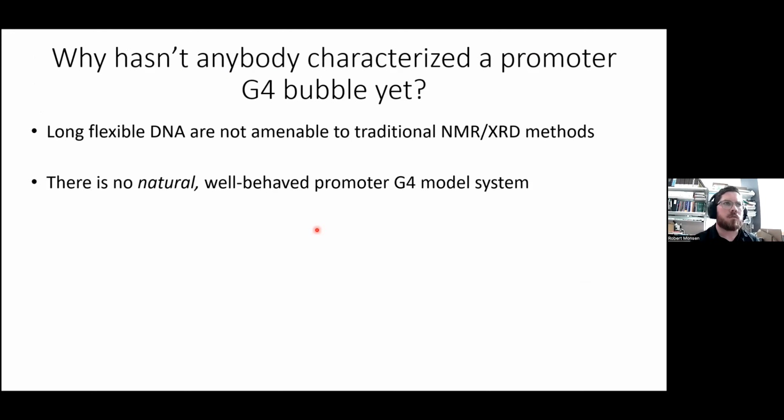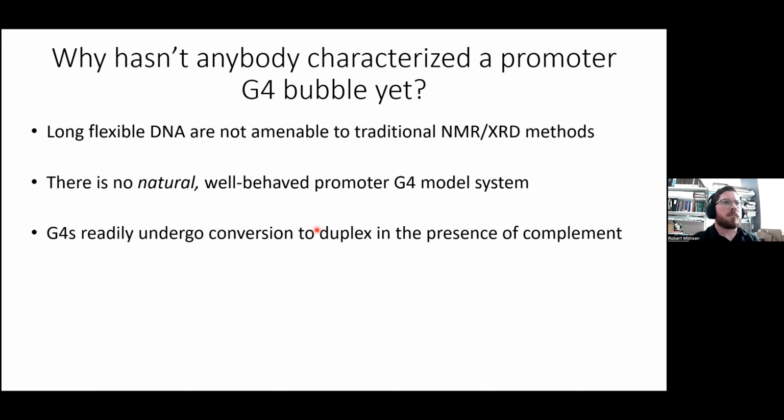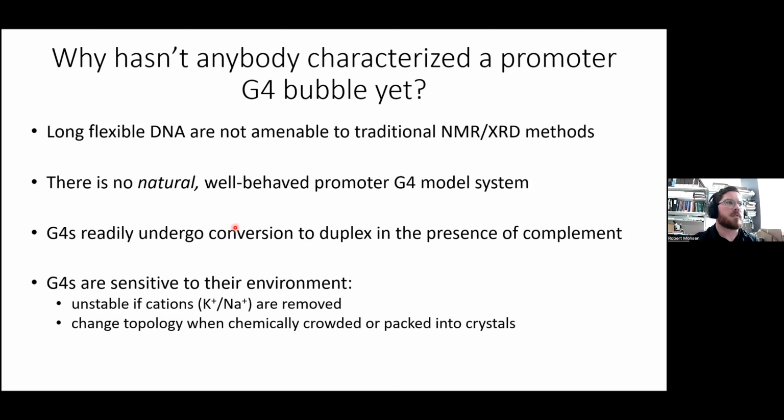There's no natural, well-behaved promoter G4 model system, so you can't just cut a G-quadruplex promoter out of a genomic environment, put it into a test tube, and investigate the G-quadruplex formation and its properties. This is largely due to the fact that when G-quadruplexes are in the presence of their complement, they readily undergo conversion to a duplex. So inherently, they're very difficult to handle in vitro.